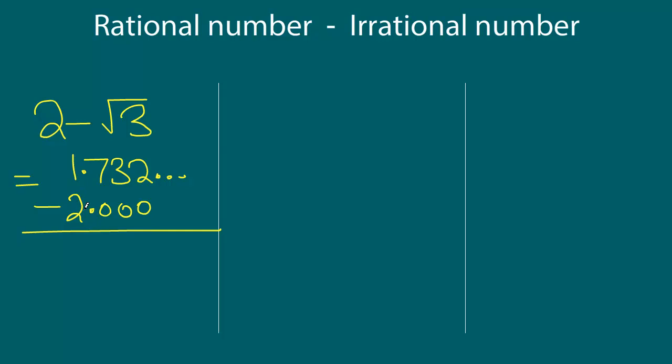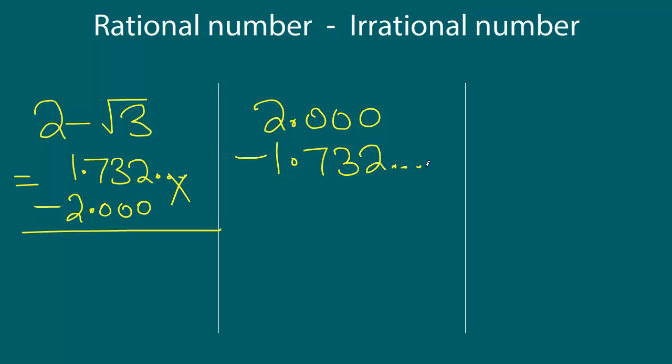Actually, we did it the opposite way. We should have written it differently. This is my bad, so let's just do it again. So this will be 2 minus 1.732.